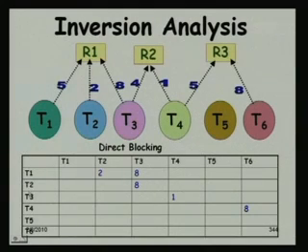Now, what about T2? T2 needs only R1, so it will undergo direct inversion due to T3 for 8 milliseconds, maximum. Now, what about T3? T3 needs two resources, R1 and R2, but T3 cannot undergo inversion due to R1 because those are higher priority tasks. So, T3 can undergo inversion due to T4, maximum for 1 millisecond.